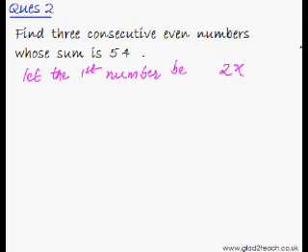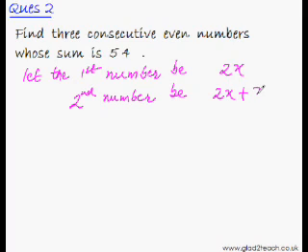Now, if the first number is 2x, then can you tell me what the second number would be? Yes, absolutely correct. It would be 2x plus 2. Like if the first even number was, let's say, 6, then the next even number would be 8.